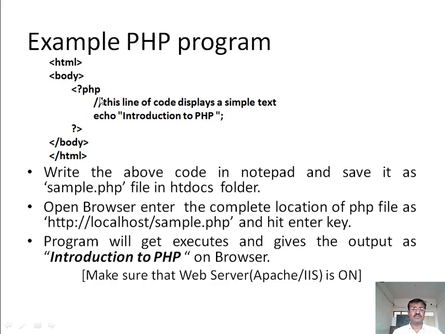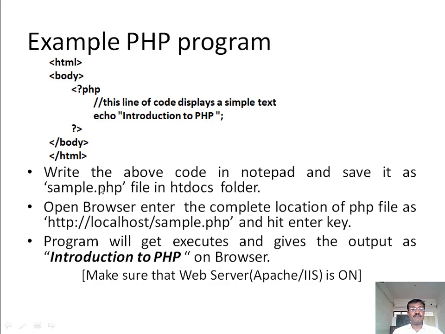After writing this code in your notepad, save it as sample.php. Whatever I have placed over here, just copy this or type it as it is in your notepad and save this file as sample.php or any other name as you wish.